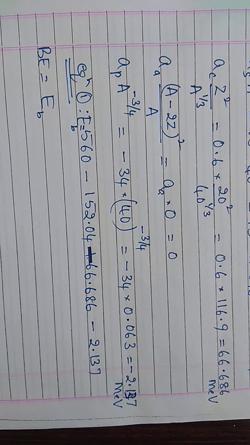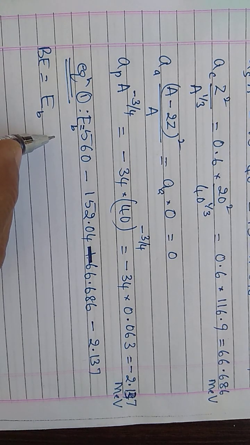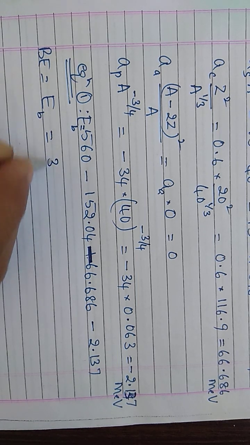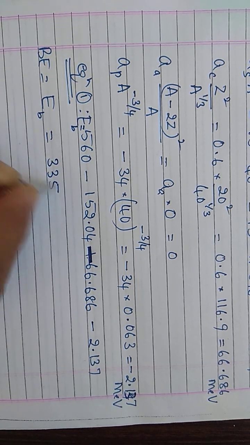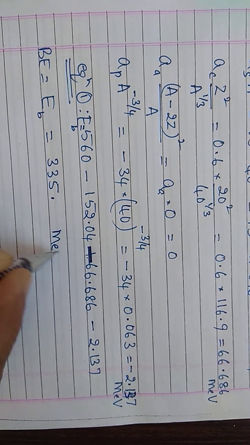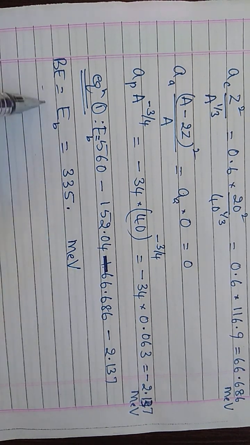Do the calculation, just addition and subtraction, and write whatever you are getting. Approximately you will get 335 point something. You write how much you are getting here, so many MeV. This is the total binding energy.